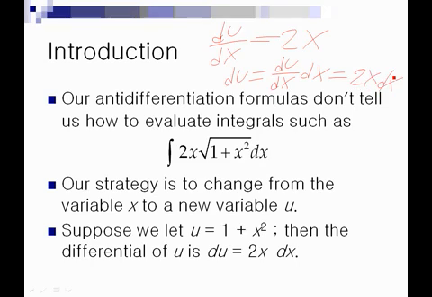So, in this case, now we can convert this into a formula of the form. Note that we can put this over here with the dx, and you can have the square root of u du, right?